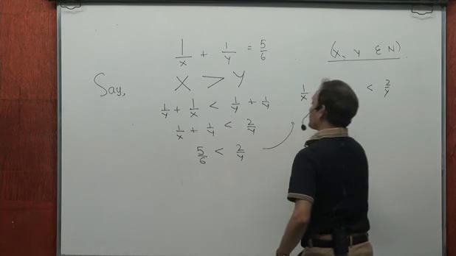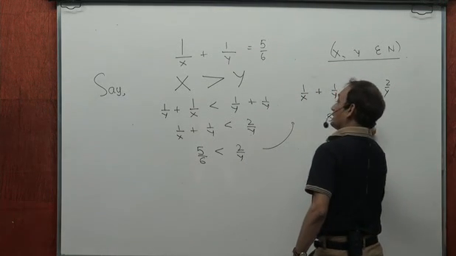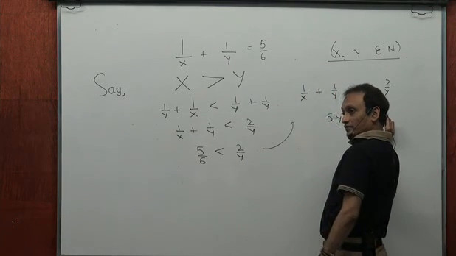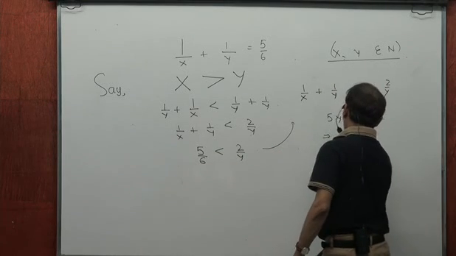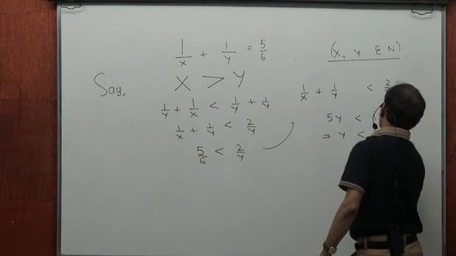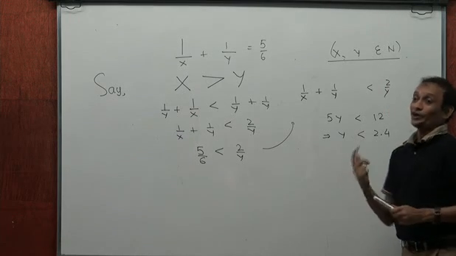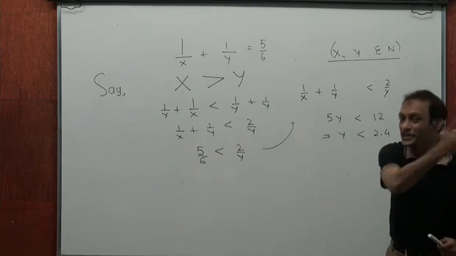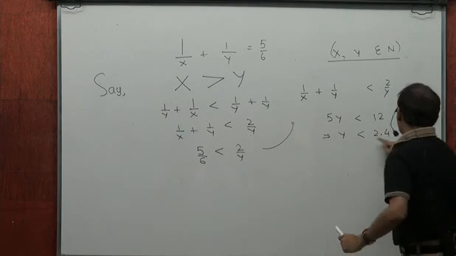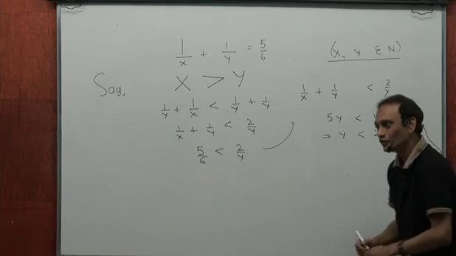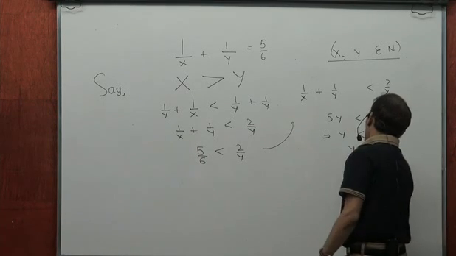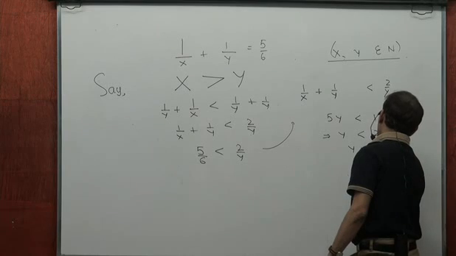This gives me 5y less than 12, or y less than 2.4. Yes, absolutely, y is a natural number. And if y is less than 2.4, y could either be 1 or 2. So y has only two possibilities, 1 or 2.